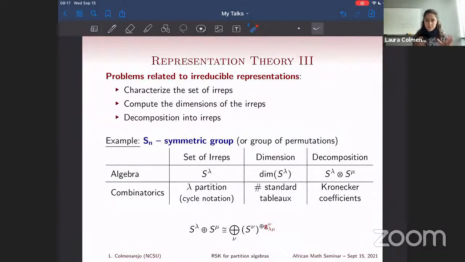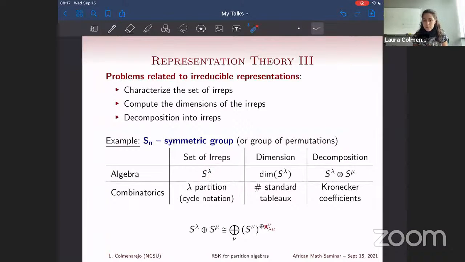So I'm going to show you an example in a very small table of what I'm talking about. If I take the symmetric group, which is the group of permutations, and look at the set of irreps, from the algebraic perspective I just have lambda, where from the combinatorial perspective this lambda is actually a partition.